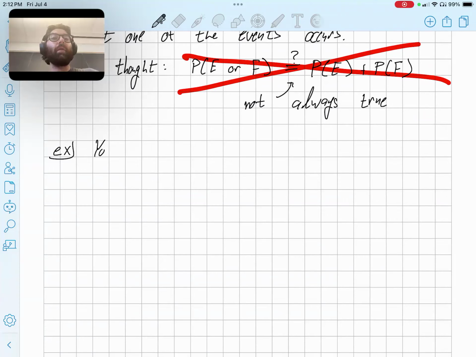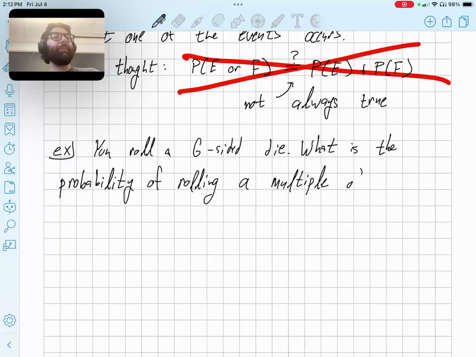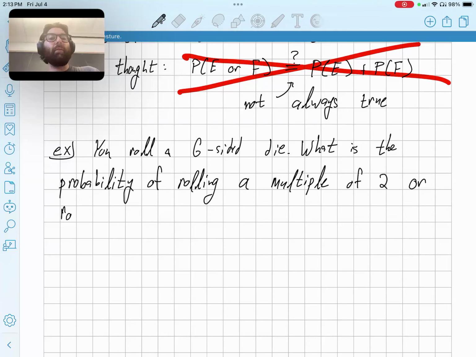You roll a six-sided die. And my question is, what is the probability of rolling a multiple of 2 or a multiple of 3?